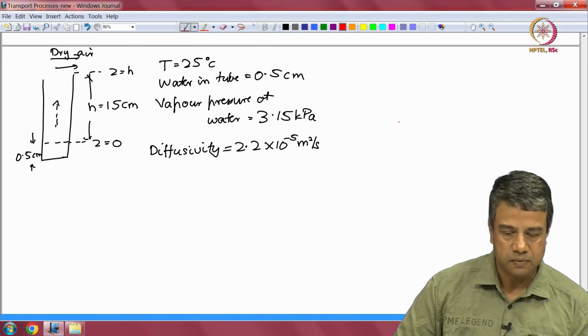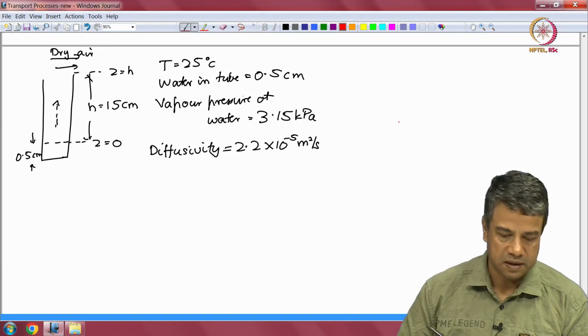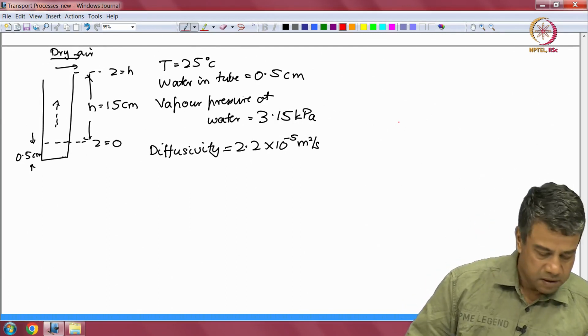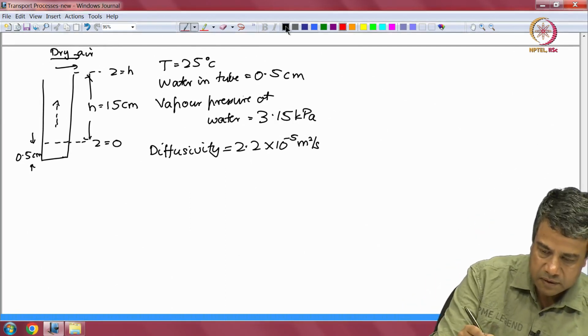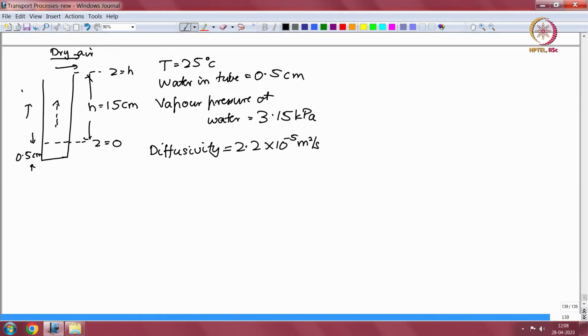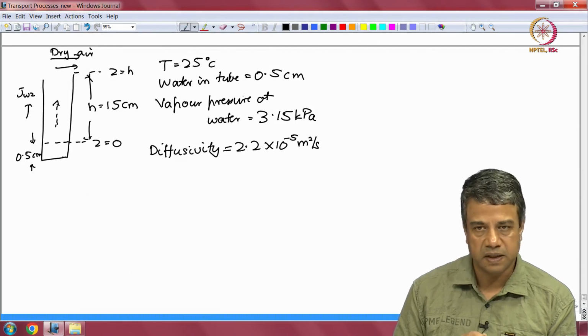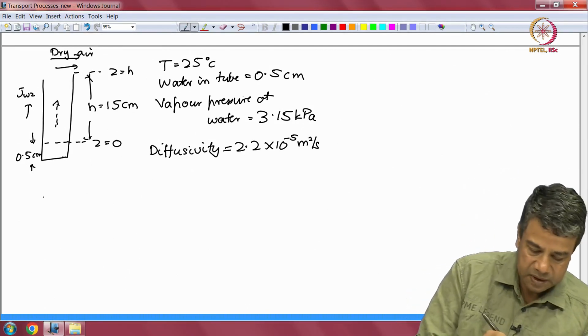There are two things here, one is the flux of water and the other is the flux of air. So, the flux of water vapor through this tube, J W Z. I will work with mole average quantities for the present. It turns out in this case mass averages give you the exact same results.